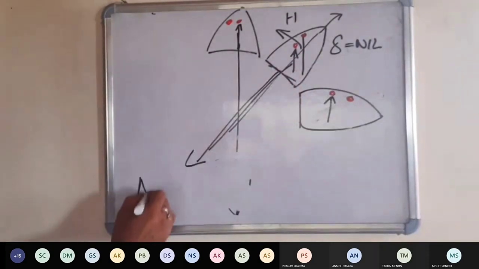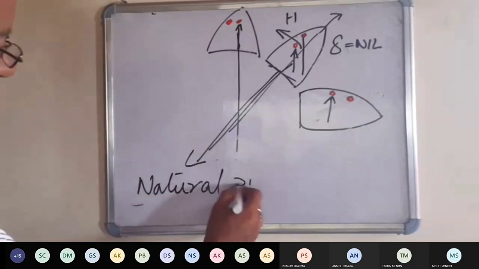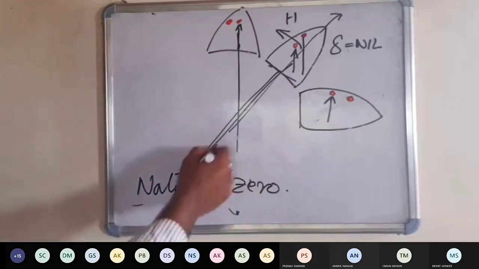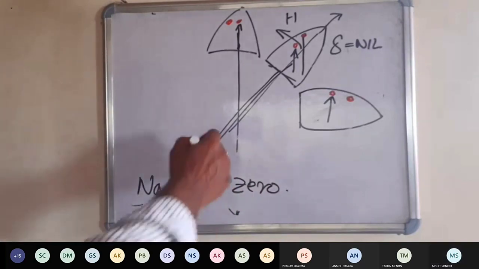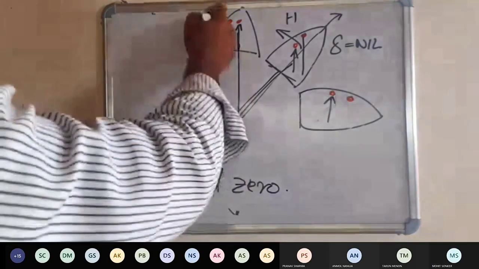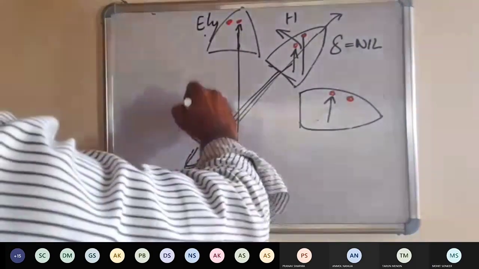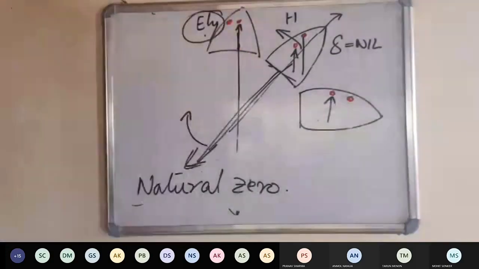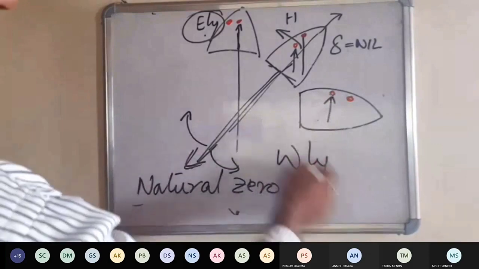So in this case, if we see the natural opposite, sorry, this heading is the natural zero. Yes, sir. So here it was easterly, as you said. So to the right of this is again easterly, and to the left of this is all westerly.